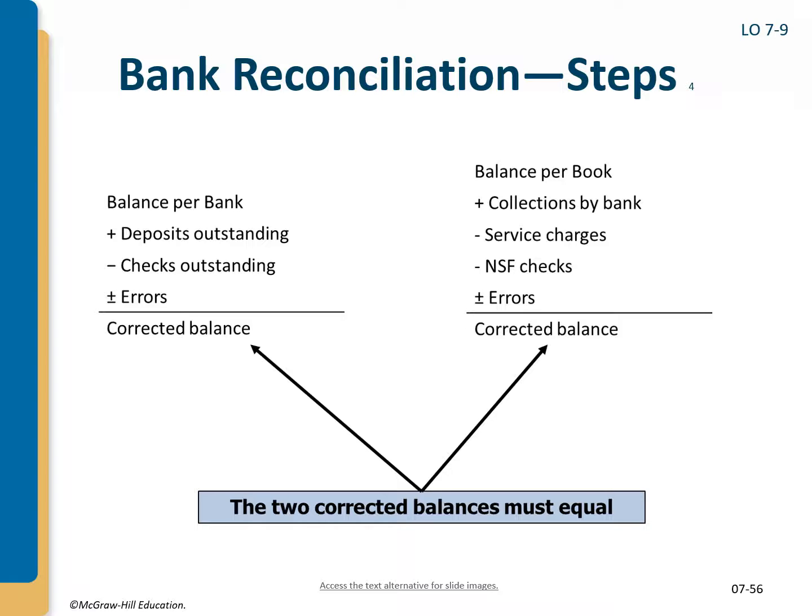Add any deposits that we don't have recorded that are on the bank statements. Subtract any service charges or return checks from customers we weren't aware of, and correct our own mistakes. It depends on what kind of mistake we made if we're going to add or subtract it. And then these two balances should agree, and that is the true balance of your cash account.